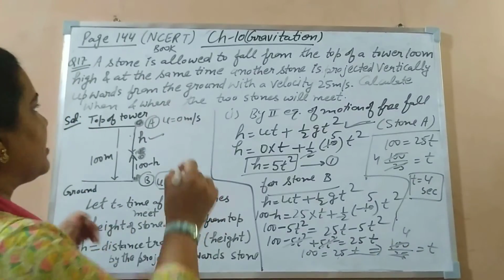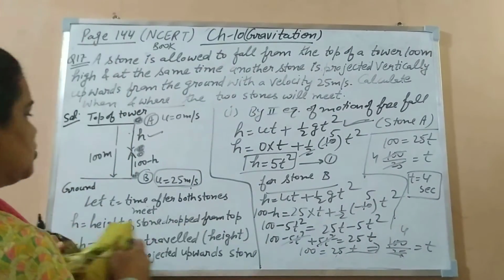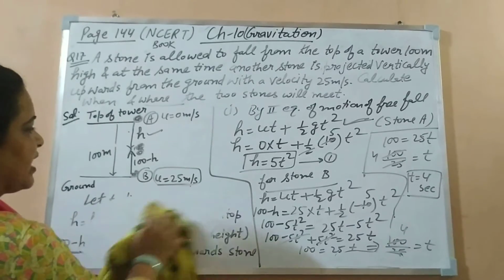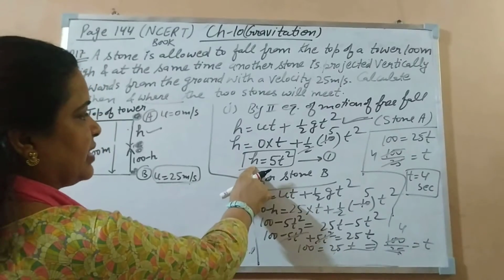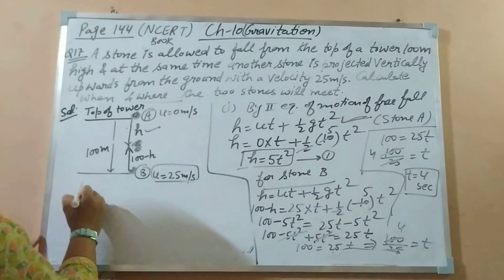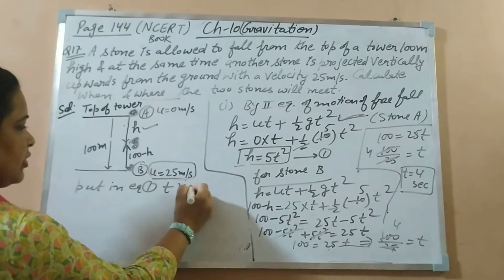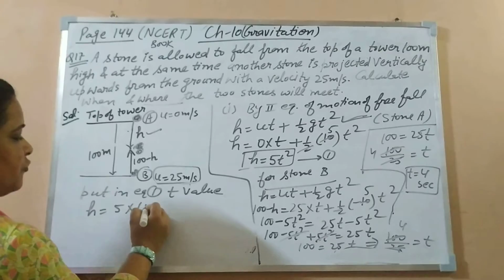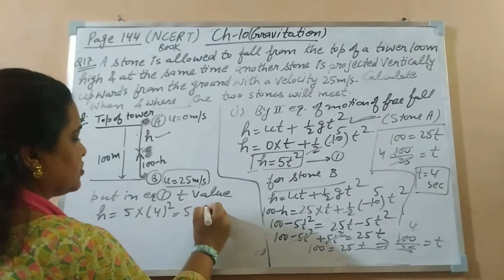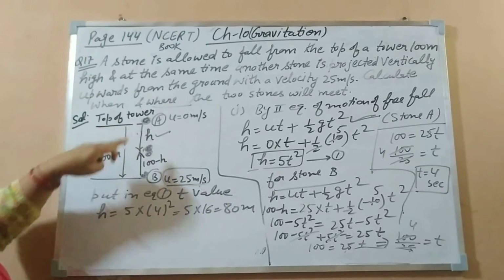Now what do we have to calculate next? Where the two stones will meet each other, meaning we have to find their position. Where means h, so put this t value in equation 1. So what is h? 5 into 4 squared, 5 into 16, so you will get 80 meter. This 80 meter is from the top.